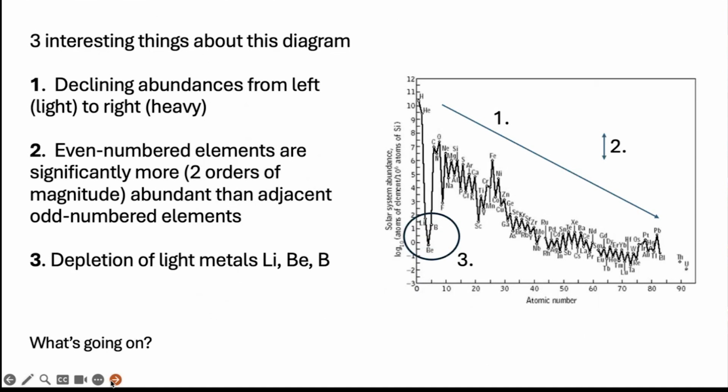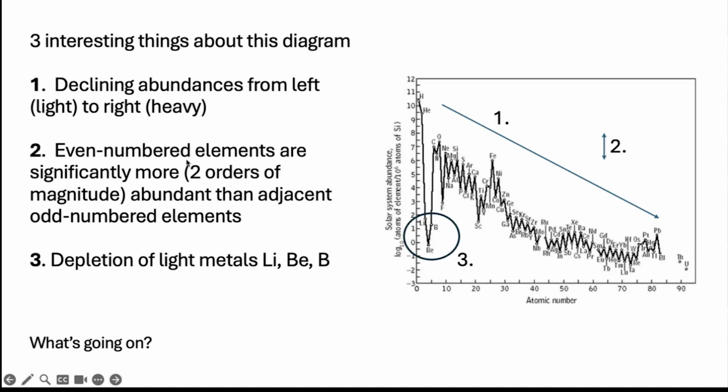So there are 3 interesting things about this diagram. One is the declining abundances from left to right, from light to heavy, and that's because of the way the elements form. Iron is sort of the peak of things that are formed by processes inside stars, and anything beyond that has to be formed by special creation. So this difference that happens at iron and the iron peak makes sense from that perspective.